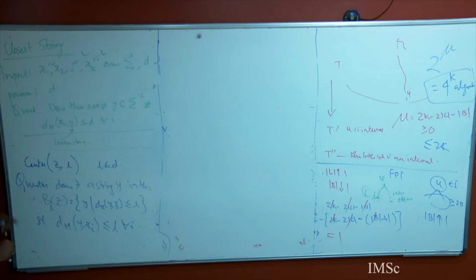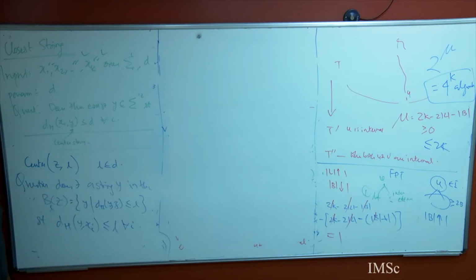Is the question clear? Now I gave you some string Z and a number L. I am saying, can you give me a string in this ball which is at distance at most L away from all these strings? Do you get my point?